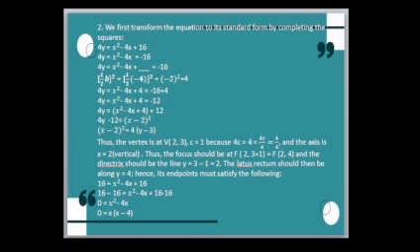So to get the vertex, we look for the h and the k. So our h is 2 and our k is 3, because y minus k.